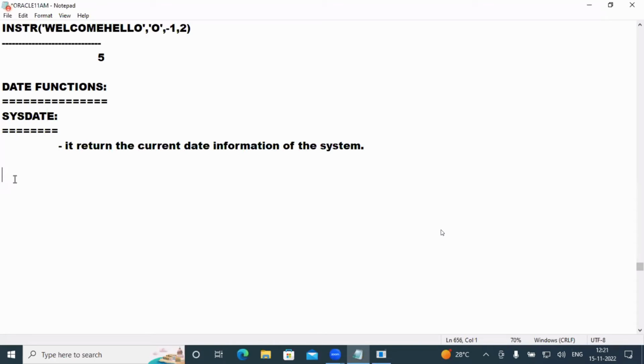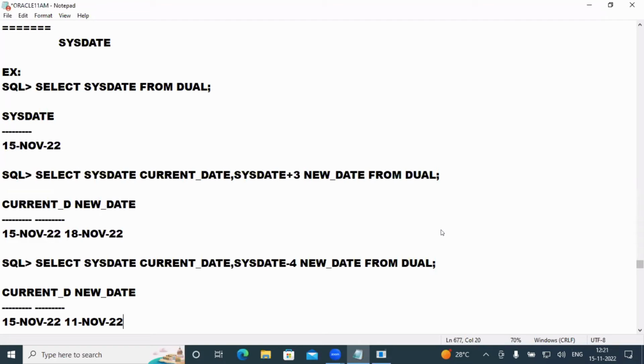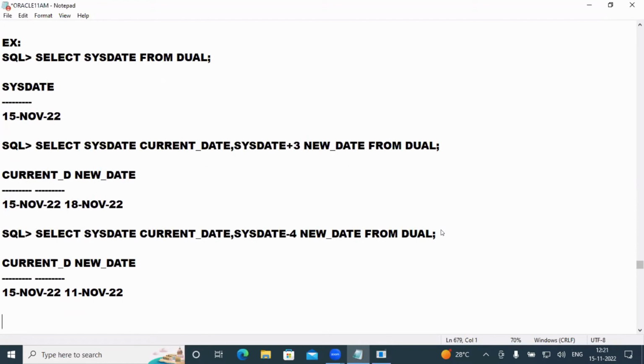And the syntax will always be sysdate only. And these are the examples. The next function is called last_day.